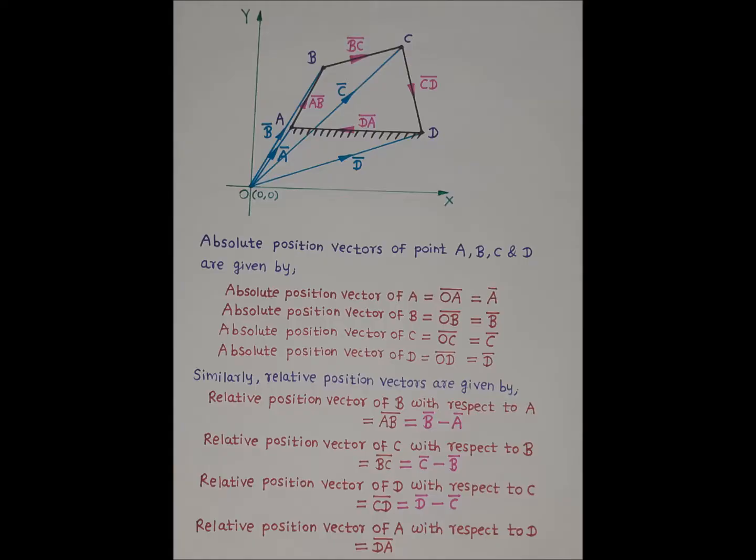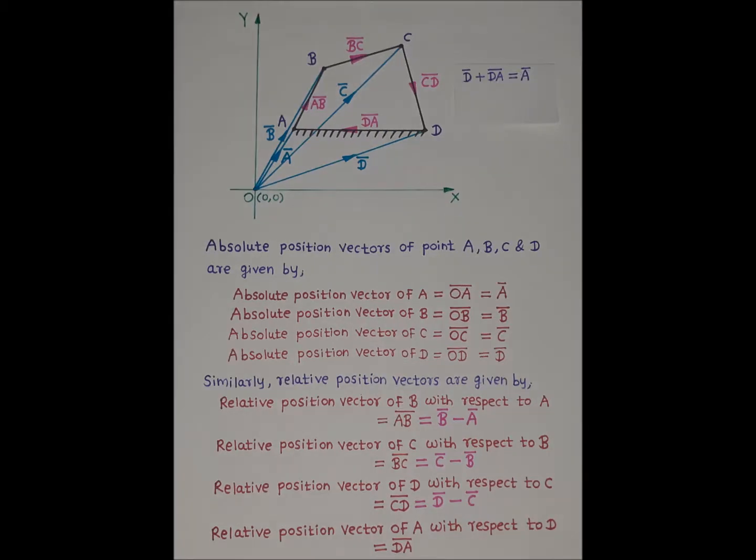We can even write relative position vector of A with respect to D. As we are saying, relative position vector of A with respect to D, arrowhead will be directed towards A and that vector will be DA bar. Now again we will write some relation for DA bar. How can we write that relation?